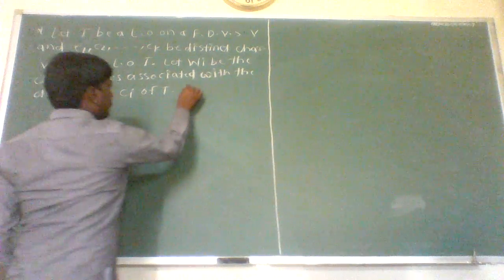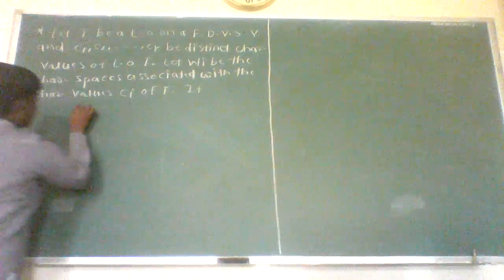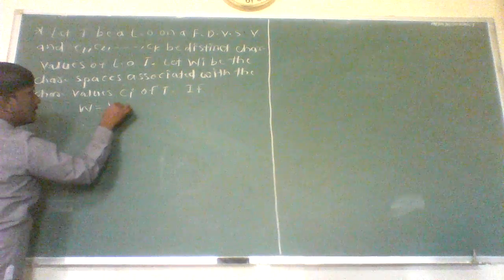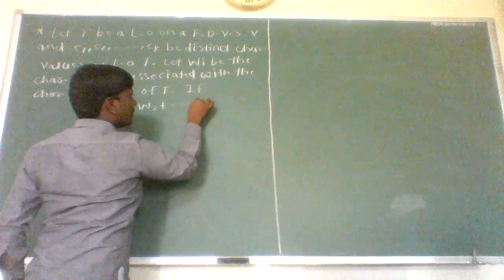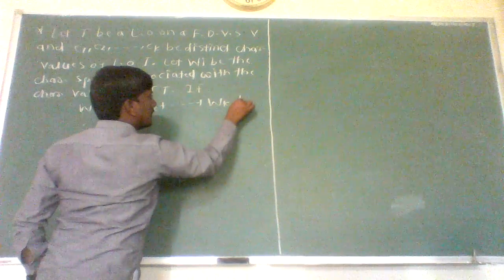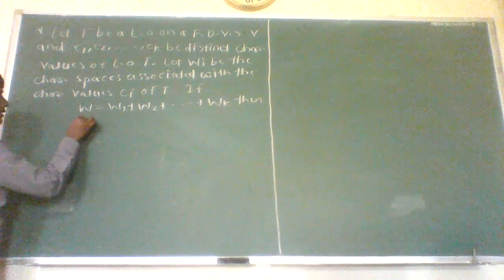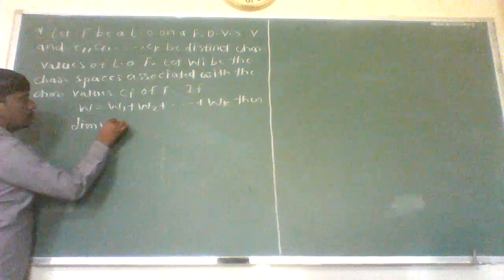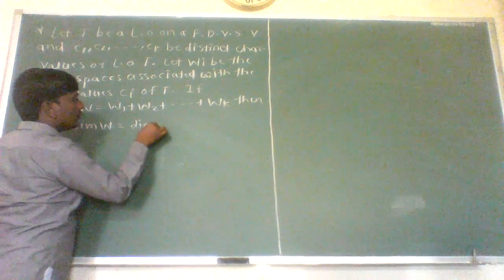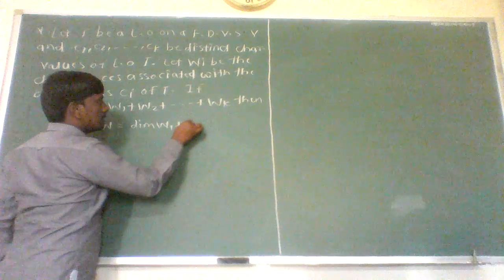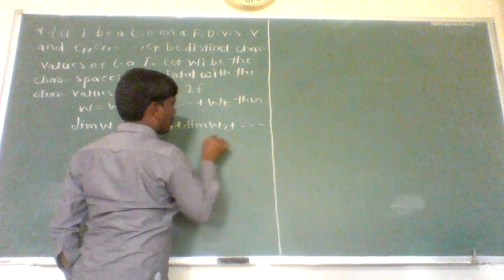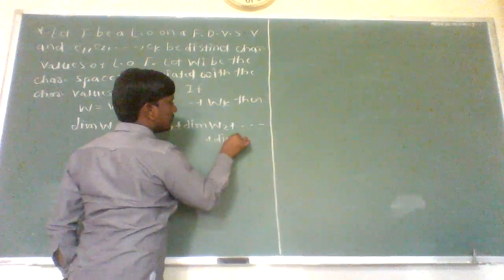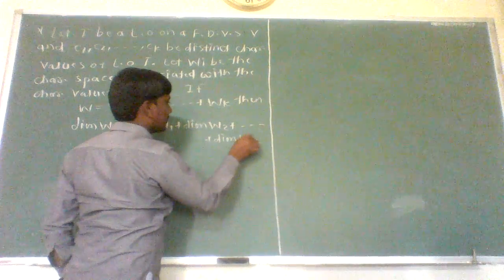Okay, now if W is equal to W1 plus W2 plus up to so on plus Wk, then the dimension of W is equal to the dimension of W1 plus the dimension of W2 plus up to so on plus the dimension of Wk.